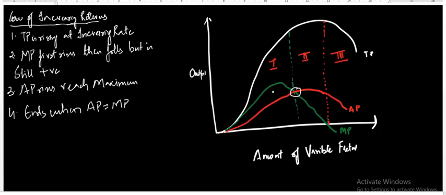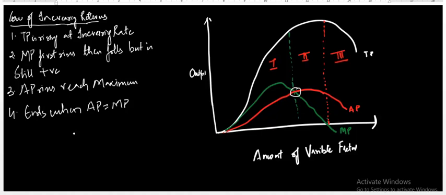Now, let me talk about this stage in detail. Why does the law of increasing returns actually happen in stage one? Suppose I employ one machine, which is a fixed factor. We are in the short run, where one factor is fixed and another factor is variable.